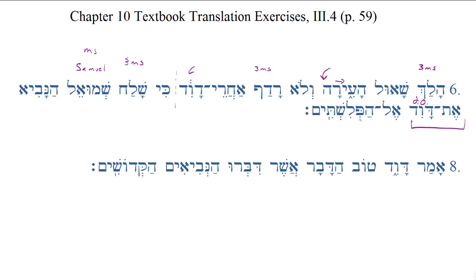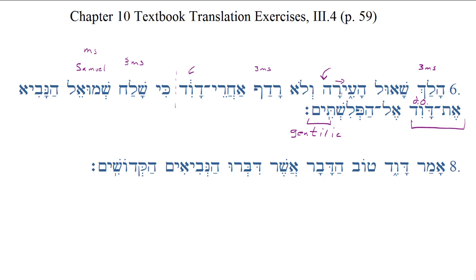El ha'pilishtim, to, and then this is what we call a gentilic, meaning it's a name of a people group. The Philistines. Notice the im ending. That is your masculine plural ending. And so it would be the Philistines, plural. So let's take a look at this entire sentence.